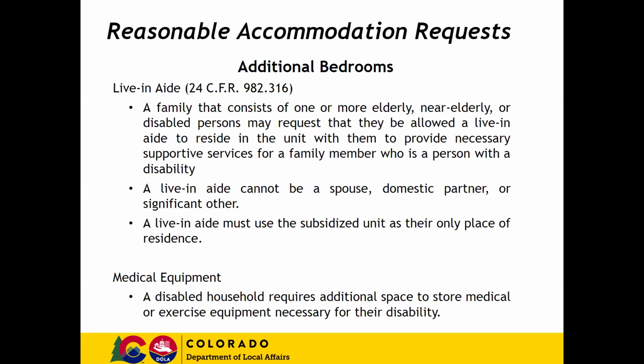They have to take care of that child anyway. So we cannot classify the parent of a minor child as a live-in aide. We cannot consider a spouse either. Of course, spouses take care of their significant others who maybe need extra support, but not as a live-in aide necessarily. And so HUD is very clear that the live-in aide cannot be specific family members.